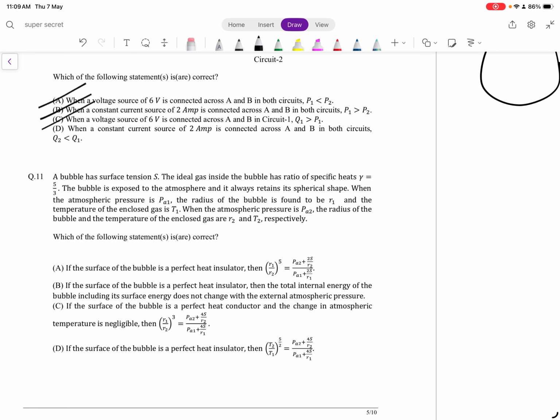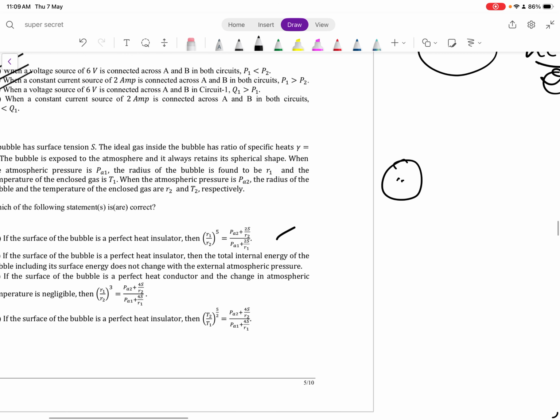Okay, so option A, if the surface of the bubble is a perfect heat insulator, that means that the gas inside the bubble can only undergo adiabatic processes, right? So if the outside pressure is PA1, then the inside pressure is going to be PA1 plus 4S by R1, let's say the radius is R1.